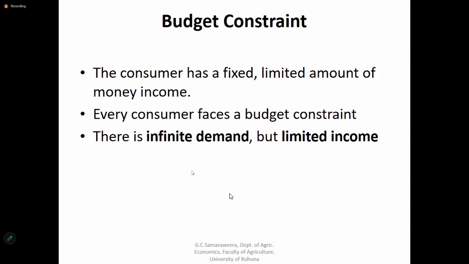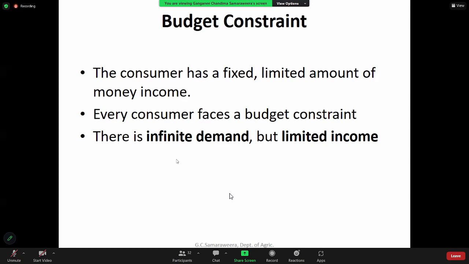So every time you have to have these unlimited demands with limited income. That's why we are discussing budget constraints, okay? So we have to spend, as Ravindu explained very clearly, the amount of income available with us.